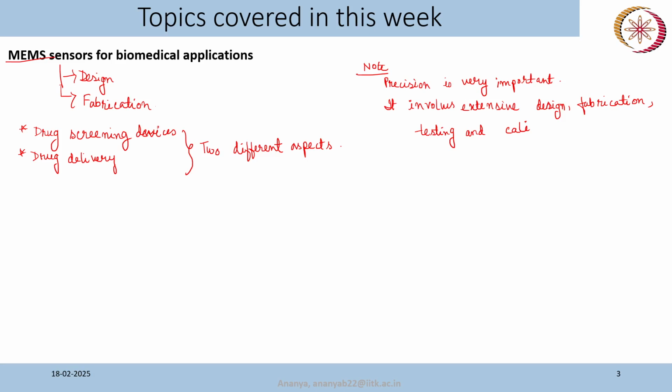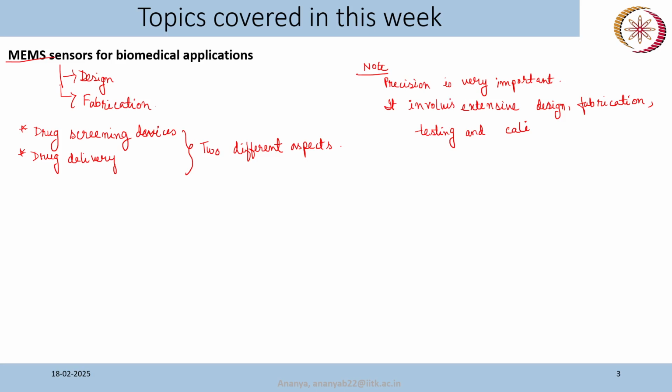Suppose you have a temperature sensor where, when temperature increases, the resistance of the material being used in the sensor increases. So suppose a change in resistance, delta R, indicates a change in temperature from some reference temperature, say 100 degrees Celsius, to another temperature T1, say 110. So you already know that if delta R is this amount, then delta T will be this amount. That is what calibration means.